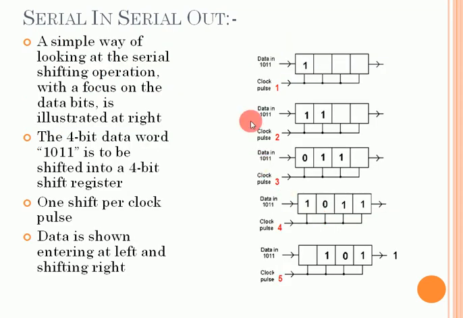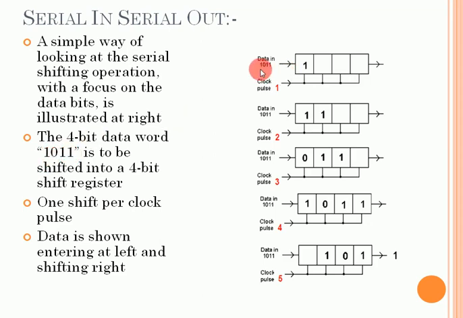Here we can see the diagram where we will simplify the operation of the serial in, serial out shift register. Suppose we are taking a 4-bit register, so we can shift 4-bit data into the register. We will take an example of 4-bit data, that is 1011.